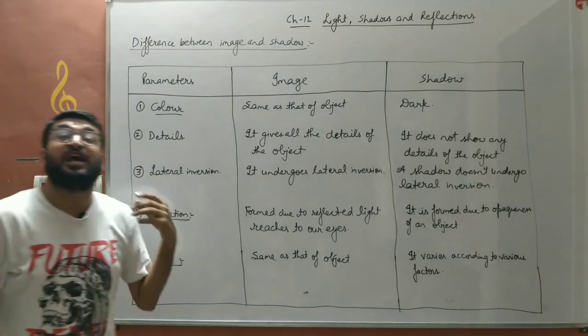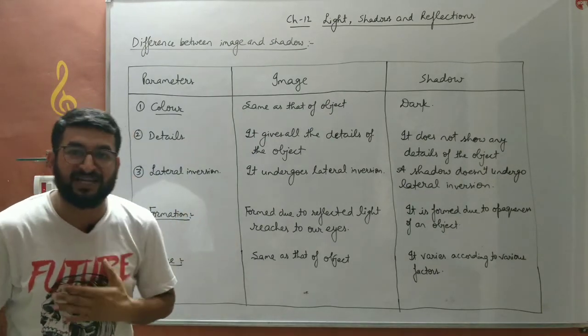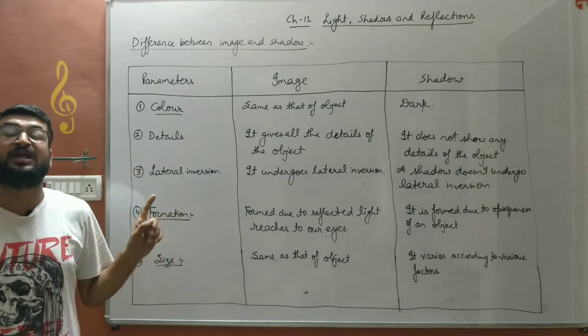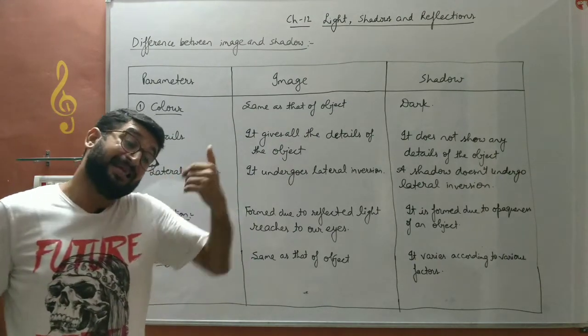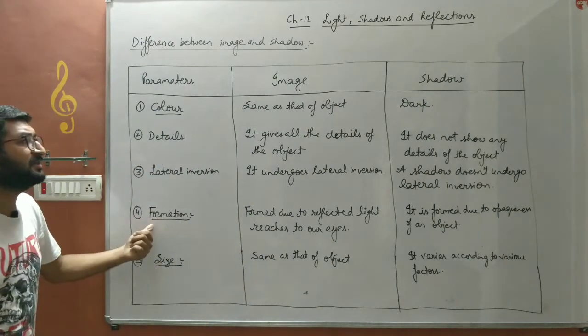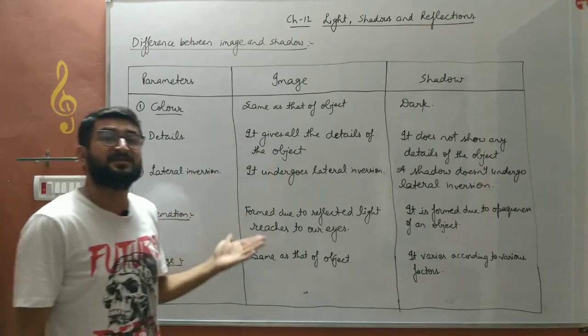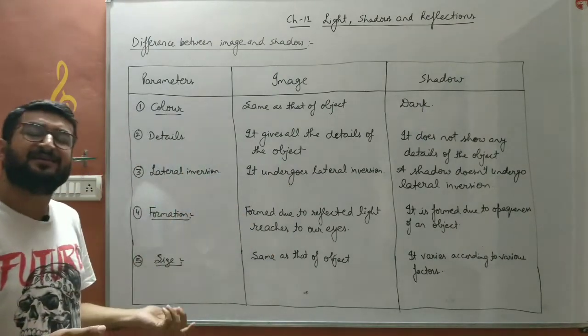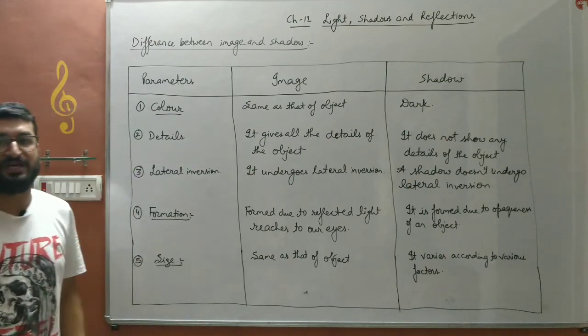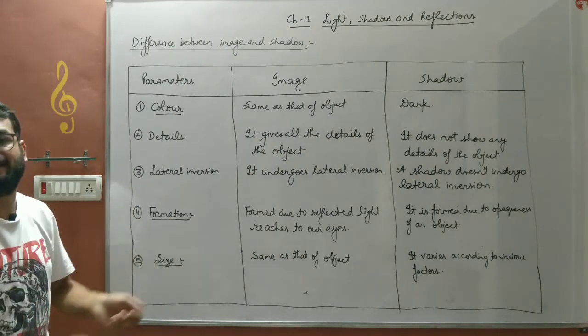Whereas the shadow is formed due to the opaque nature of an object. That is, when an object does not allow light to pass through it, only then is a shadow formed. So, the reason for the formation of an image is reflection of light, whereas a shadow is formed due to the opaque nature of an object, that is, it blocks the path of light.